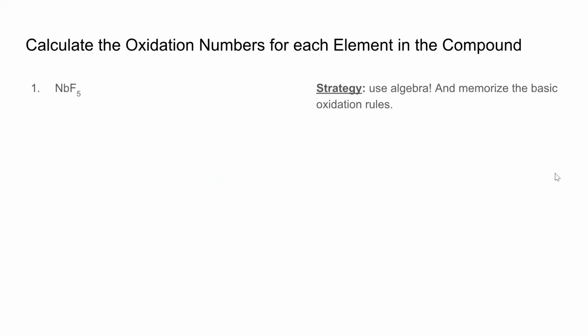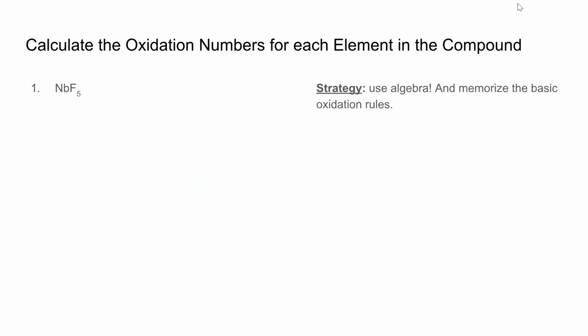So keeping these oxidation numbers in mind, go ahead and calculate the oxidation numbers for each element in the compound. So right here we have NbF5. So we know that the overall charge is in the upper right-hand corner, which all the oxidation numbers have to equal.